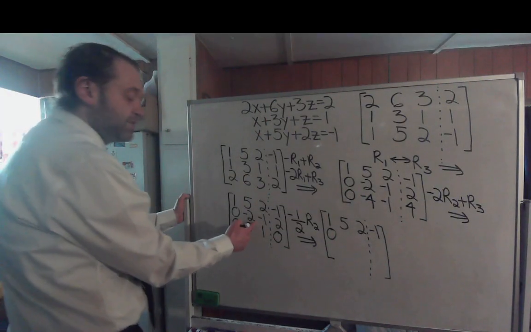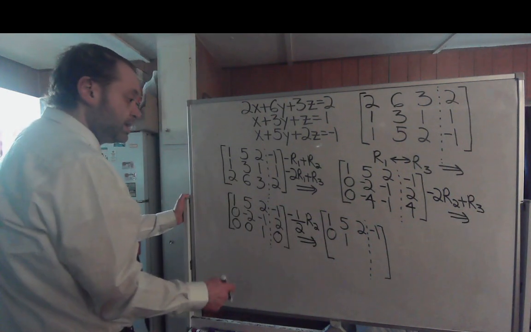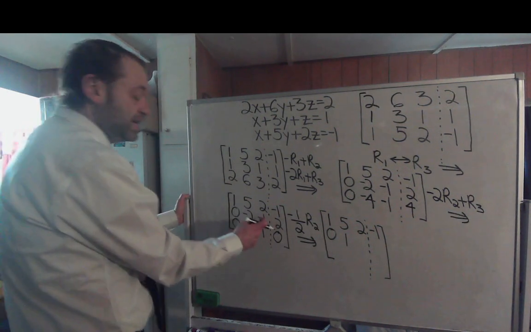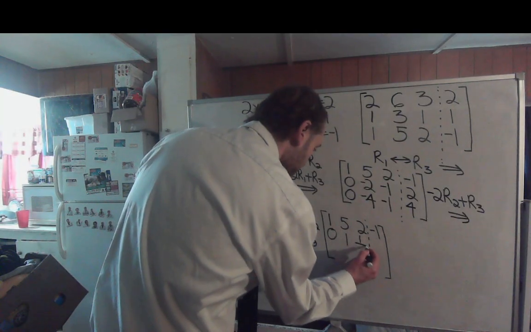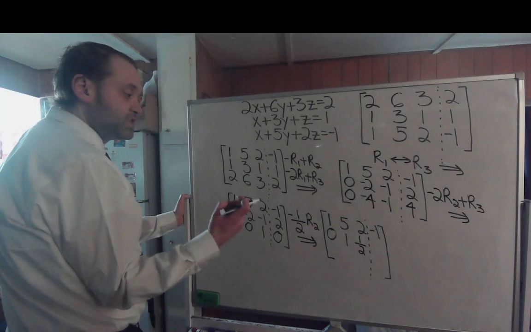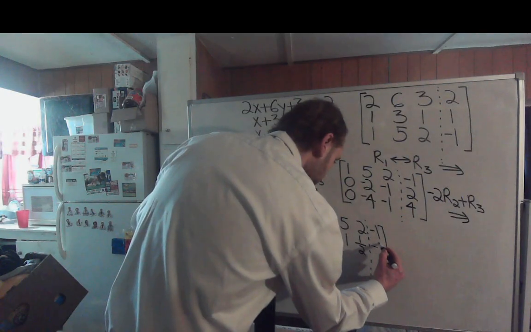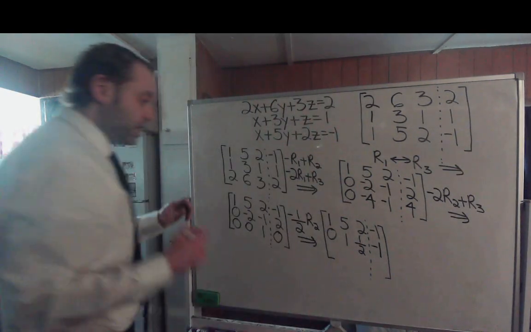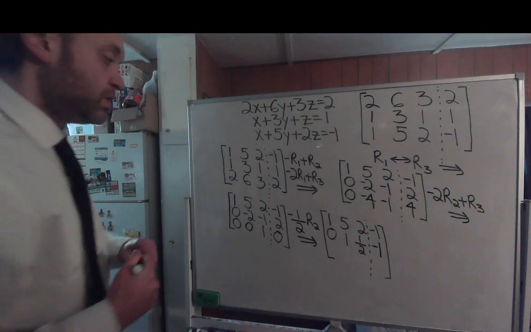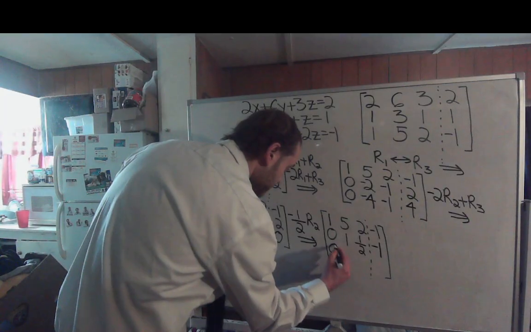Negative 1/2 of negative 2 turns into positive 1. There's that leading 1. Negative 1/2 times negative 1 is positive 1/2. Negative 1/2 times positive 2 is negative 1. Alright, so now we've got a leading 1 in the second row, and then the third row we just leave alone.